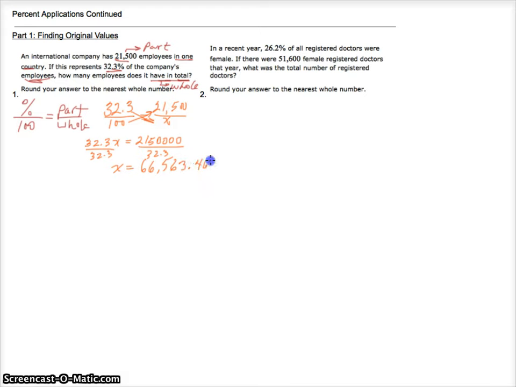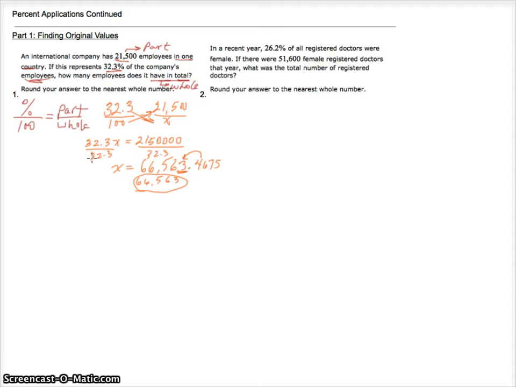It says round to the nearest whole number, which is right here, whole number. So the 4 is going to look to round the 3. It's not strong enough, so it's 66,563.